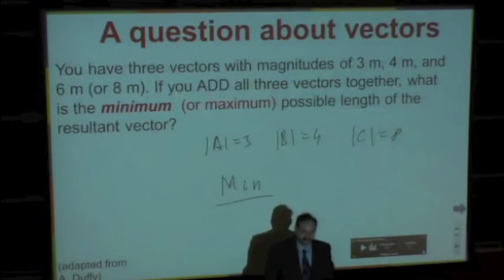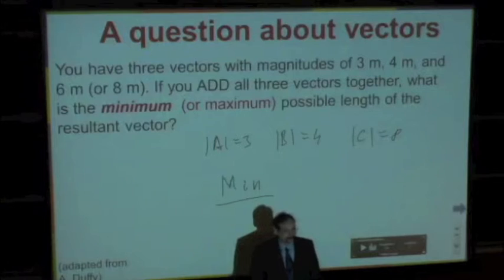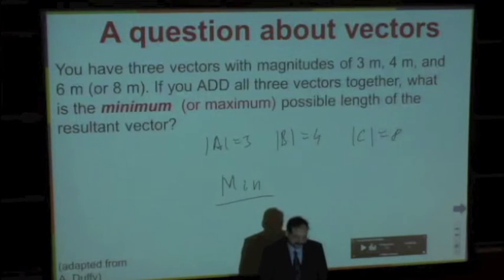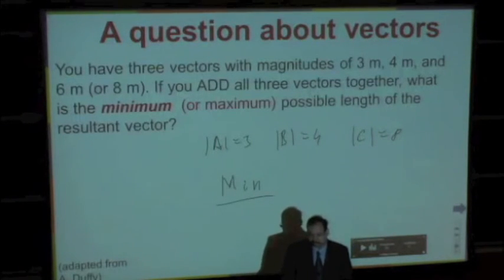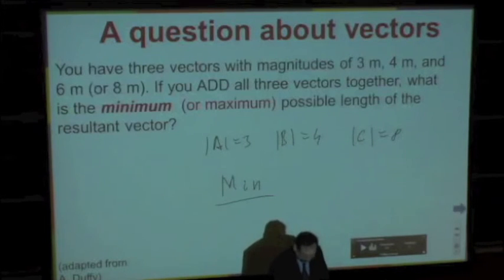With these magnitudes, is it possible to make a triangle? No. So, if it is possible to make a triangle, you can make a triangle that will give you 0 magnitude. But if it is impossible, how will you arrange them now? As close as possible to a triangle.